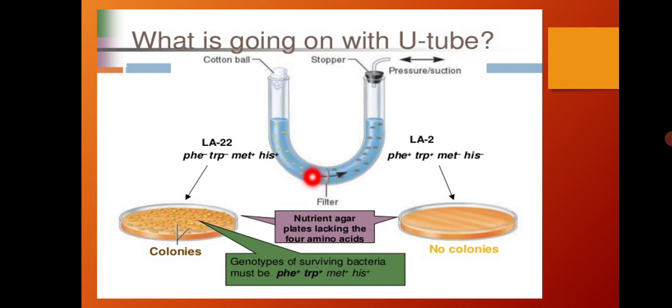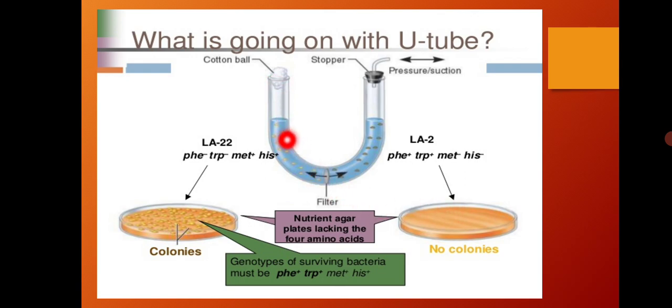After some time, when the experiment was over, they took this media and grew it onto the nutrient agar plates. What they noticed was that in the first plate there was a colony, and in the second plate there was no colony.